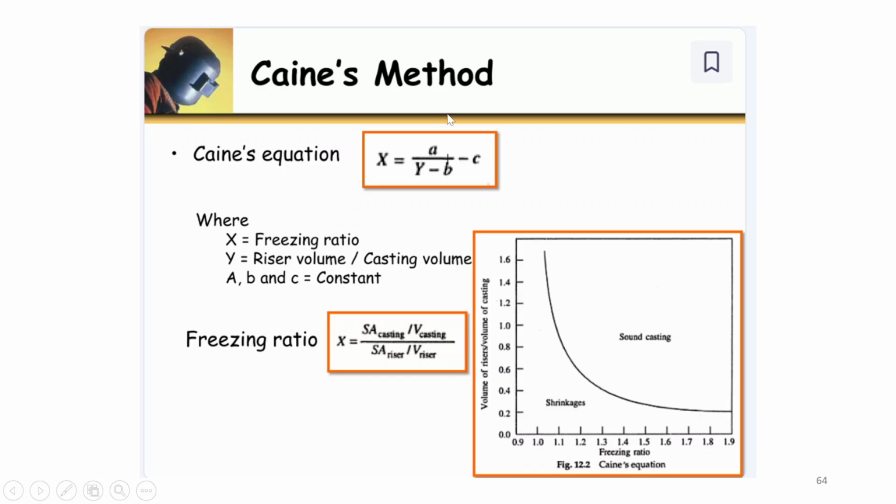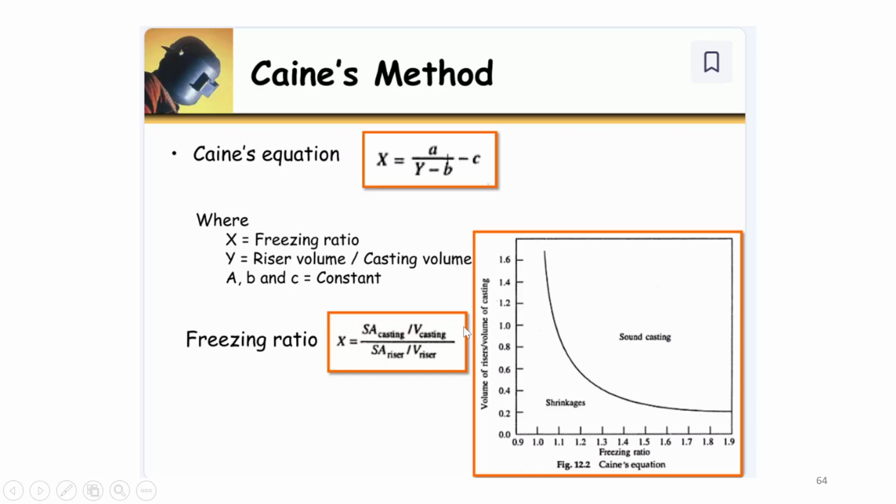Now in the case of Caine's method, you have this equation: X equals a upon (Y minus b) plus c. Here a, b, c are all constants, capital X is the freezing ratio, and Y is riser volume divided by casting volume. Freezing ratio can again be given as surface area of casting divided by volume of casting, divided by surface area of riser divided by volume of riser.